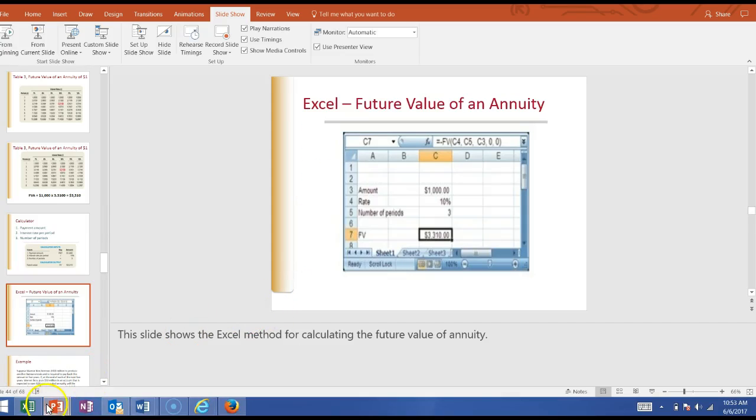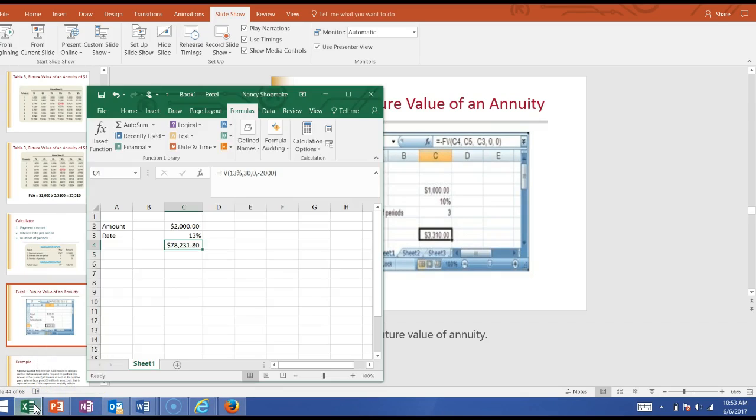So I'm going to go over here and try to do it for you. $1,000, 10%, and periods would be 3 periods. I'm just going to key that in the formula.